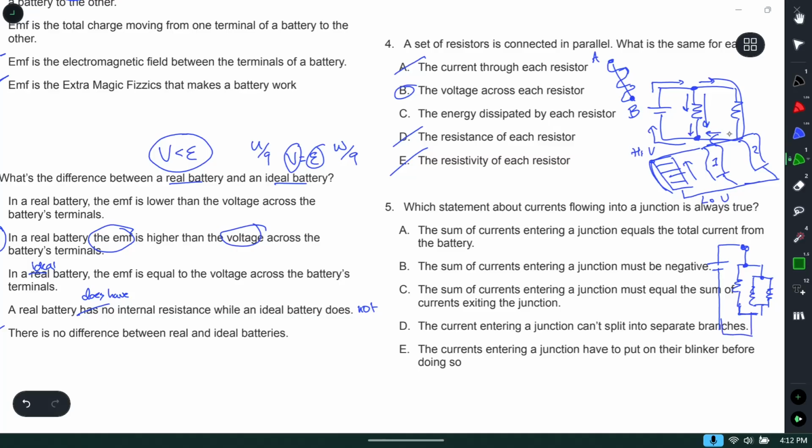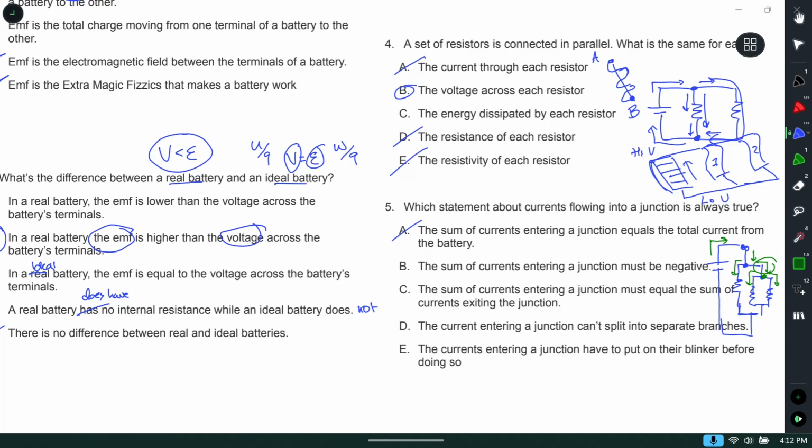So the battery sends out some current, it splits off, and already this current right here is going to be less than the current from the battery, but that's what's entering this junction. So if I sum up all the currents entering that junction, it's just that one because the other two I would expect to leave it. That doesn't add up to the battery current. So it's not that. Sum of currents entering a junction must be negative.